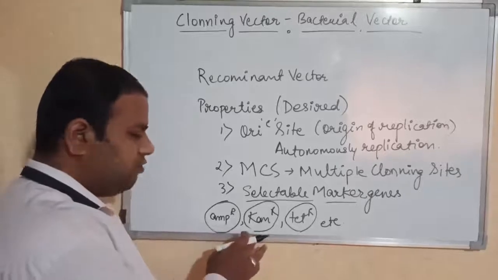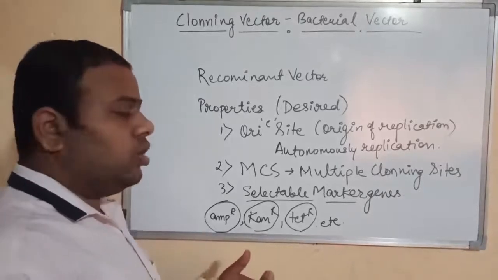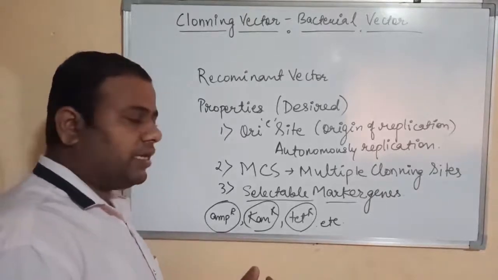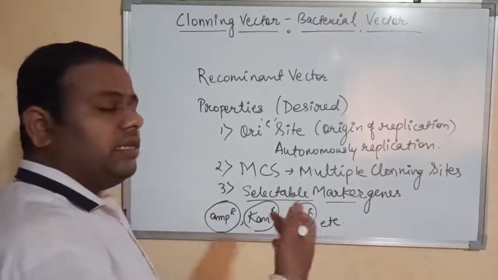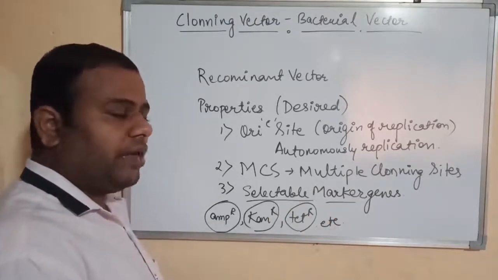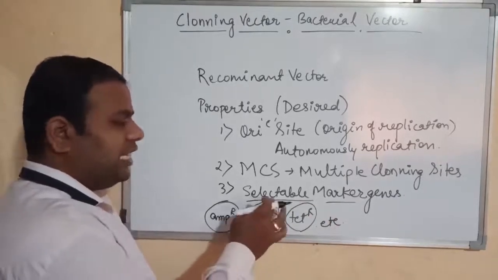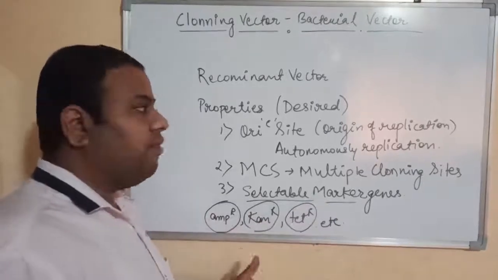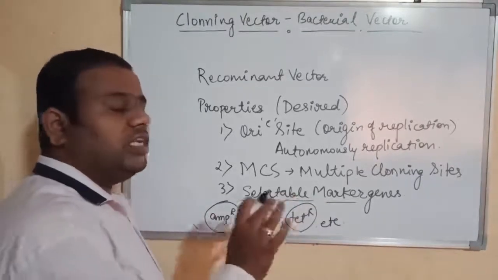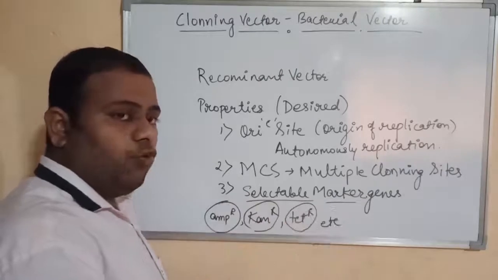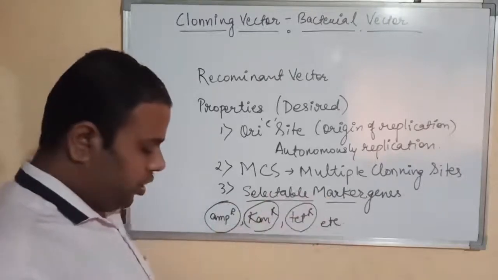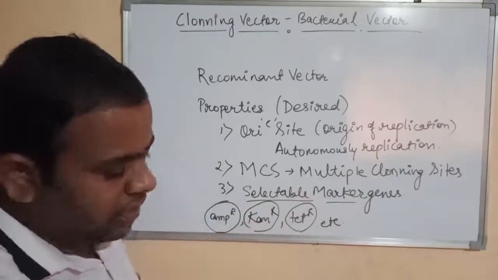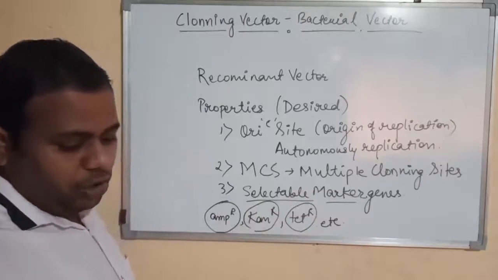So if such genes are there, it is very easy to differentiate the transformed bacteria from other wild type bacteria. This helps in selectively isolating our cell of interest in which the vector has moved along with our gene of interest.